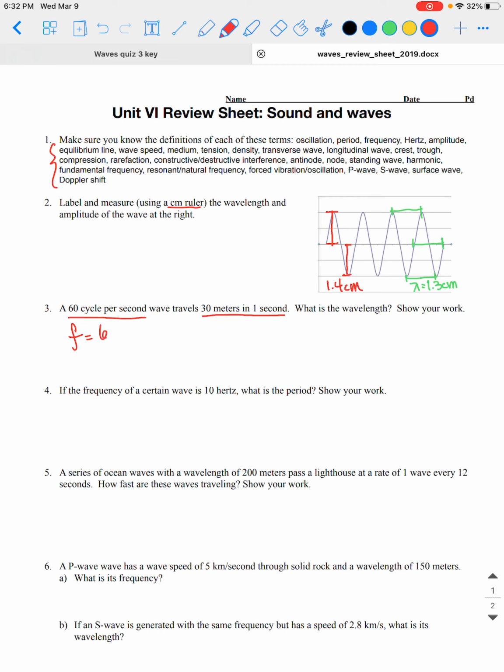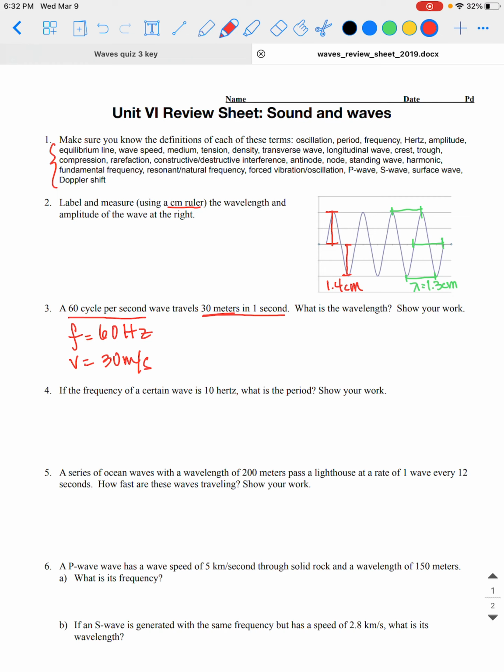And so this is our frequency with a unit of hertz, and it travels 30 meters in 1 second. So this distance over 1 second is representative of velocity. So 30 meters per second.